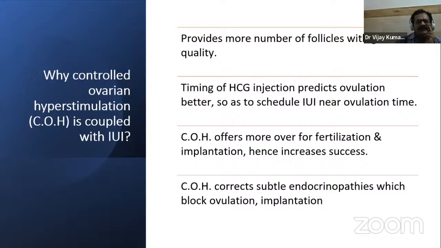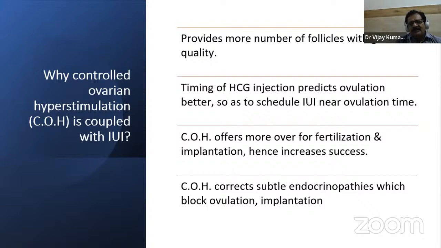It provides, as I said, more follicles with good quality. That is important. And the timing of the HCG injection predicts ovulation better, so as to schedule the IUI near the time of ovulation. So it's very important that the IUI is done at the time of ovulation.